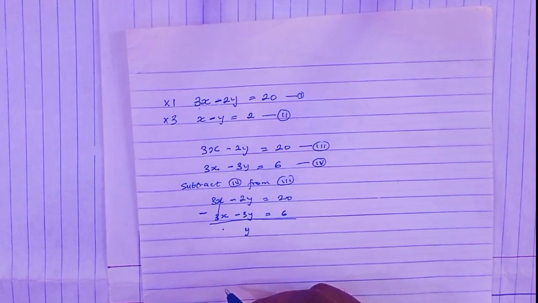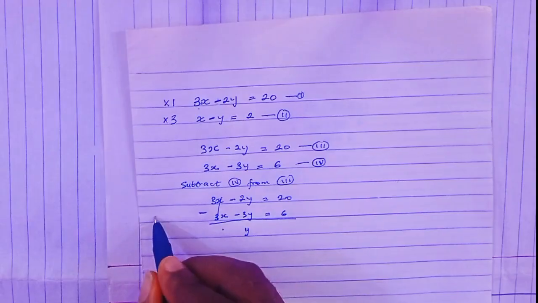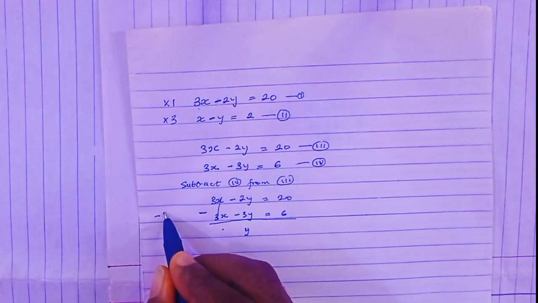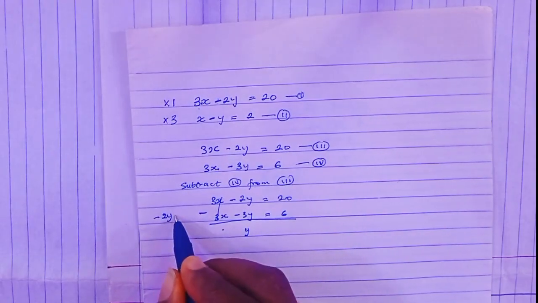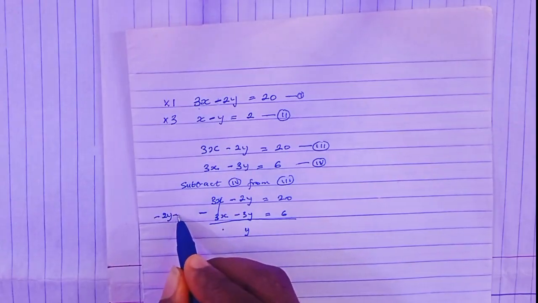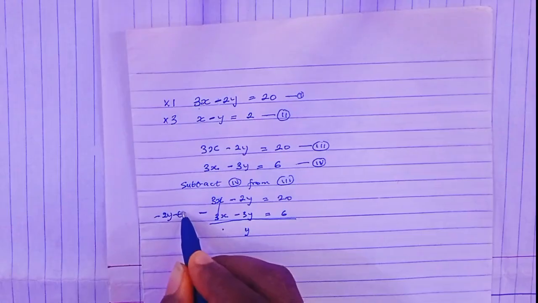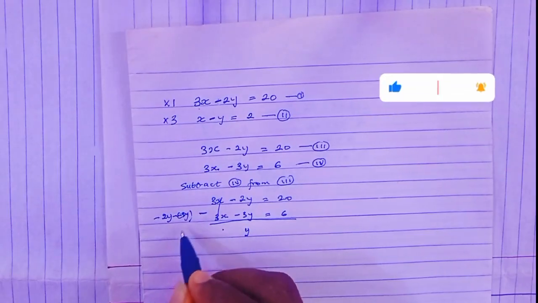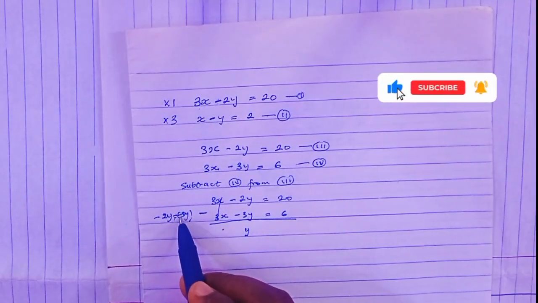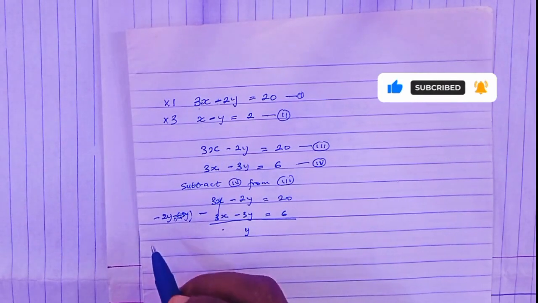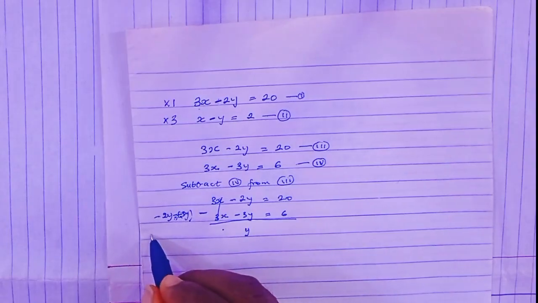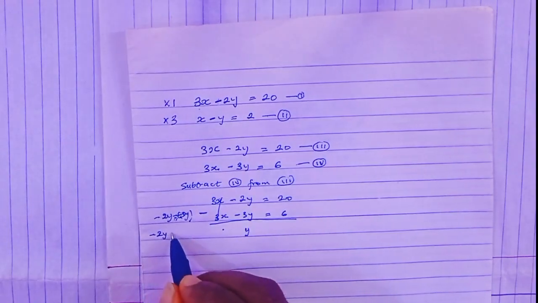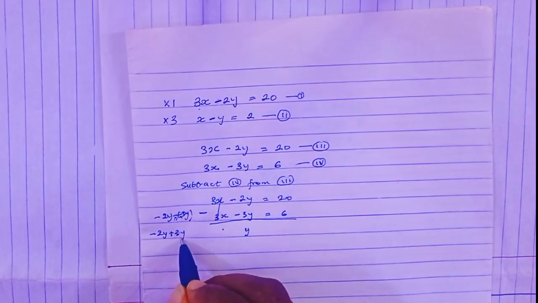Why? Let's find out. Minus 2y minus minus 3y. This minus will affect this minus. If you multiply them together, it is going to be positive. That is minus 2y plus 3y.